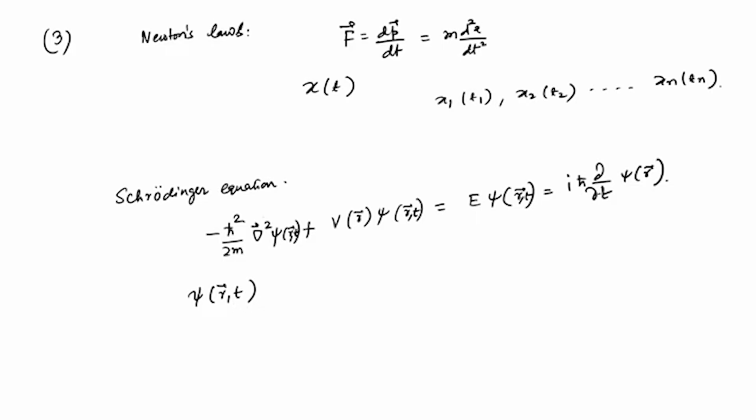Okay. So, what you find out is this psi of r t, which is the solution of this differential equation. By itself, psi of r t does not have any physical significance.